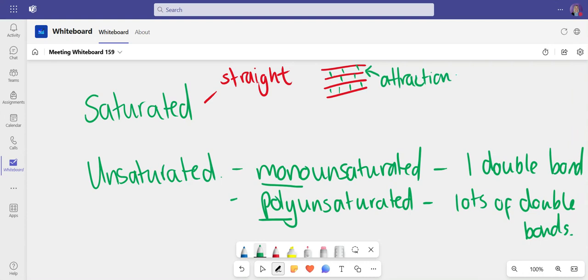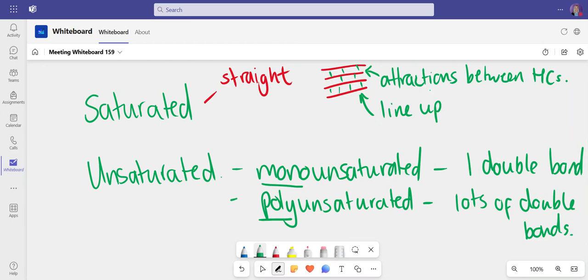So attractions between hydrocarbons, for HCs. You can see that they're straight just there. They can line up neatly. You can get lots of them in a small space like that.